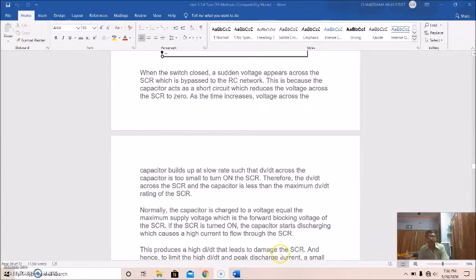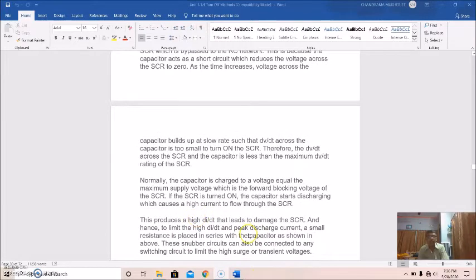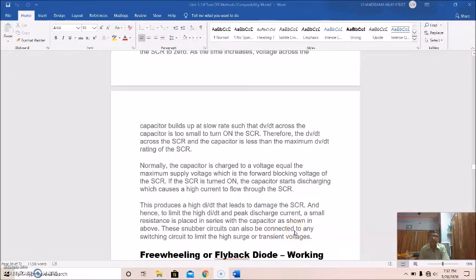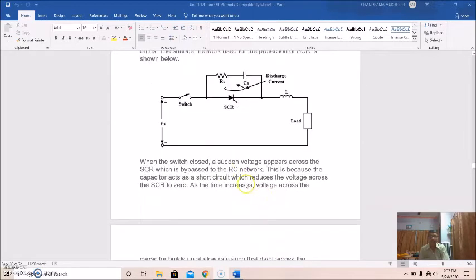Normally the capacitor is charged to a voltage equal to the maximum supply voltage, which is the forward blocking voltage of the SCR. If the SCR is turned on, the capacitor starts discharging, which causes a high current to flow through the SCR. This produces a high DIDT that may lead to damage of the SCR. Hence, to limit the high DIDT and peak discharge current, a small resistance is placed in series with the capacitor, as shown here.